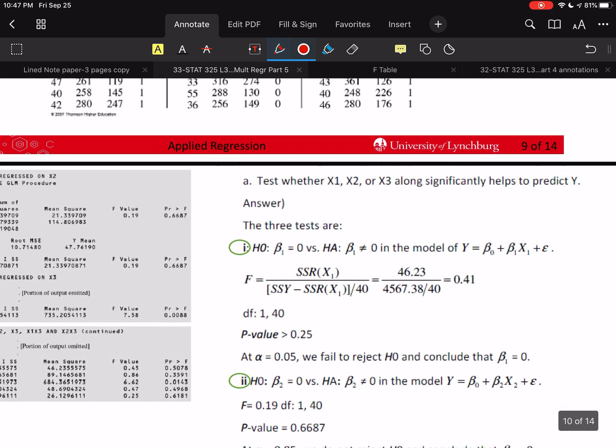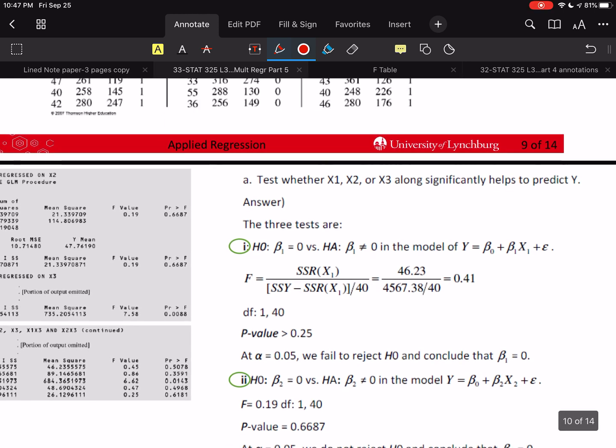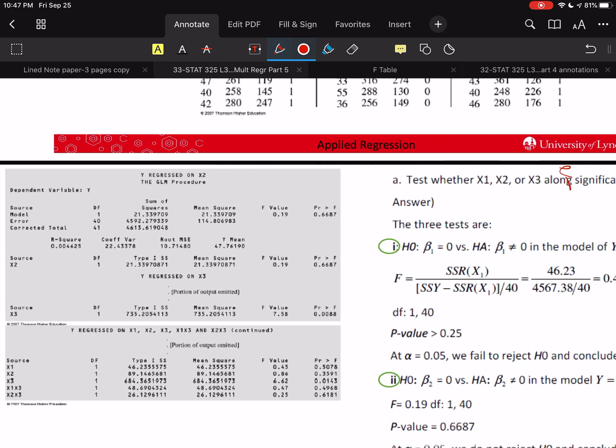Now, we want to test whether X1, X2, or X3 alone significantly helps to predict Y. We can use this Type 1 SS, so that means that this one is just X1 alone. So we can use our 46.24.